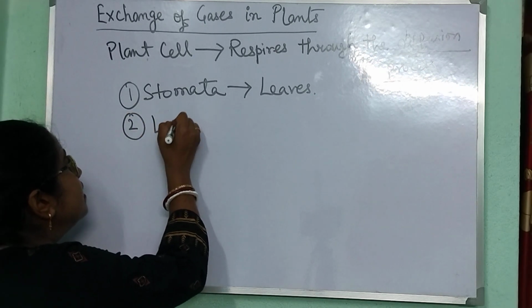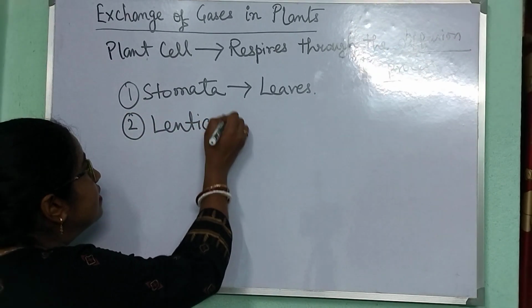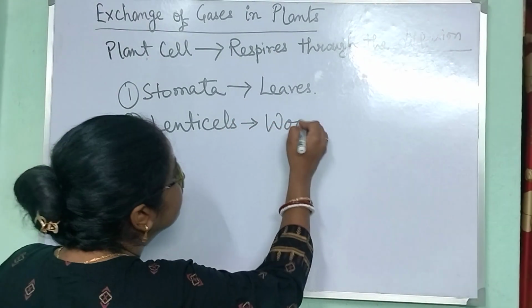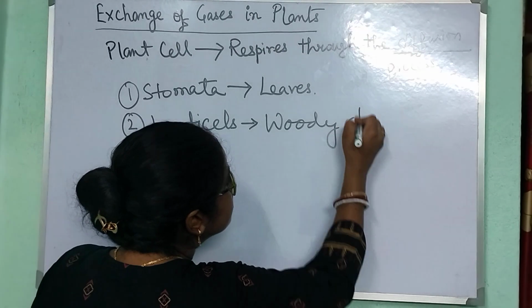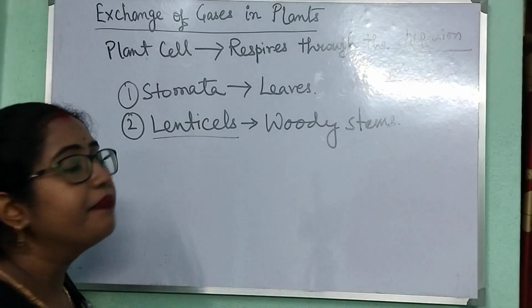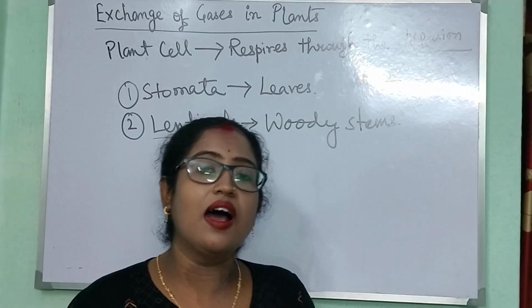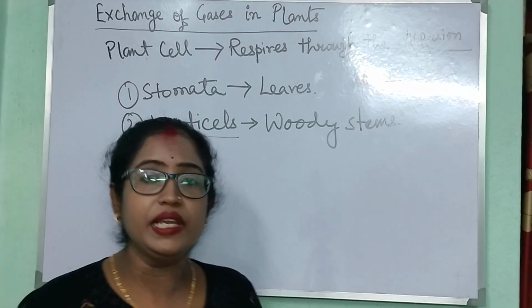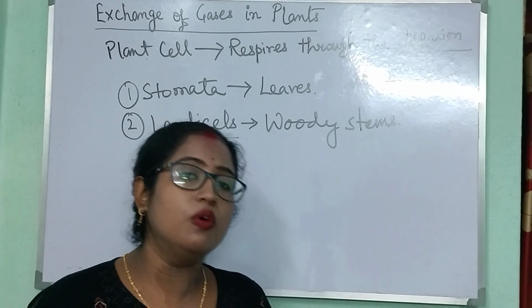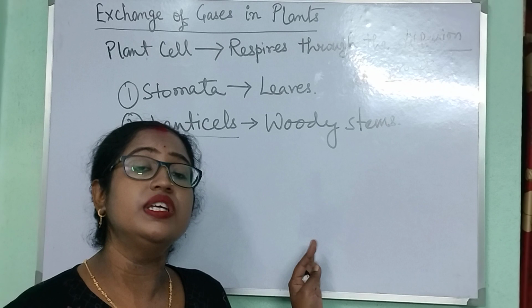Second one is lenticels that found in woody stems. Now what is lenticel? Lenticels are nothing but the openings, like small pores or small openings that present in woody stems.